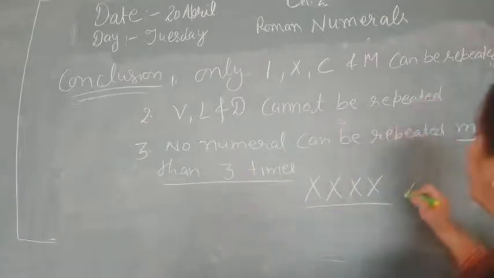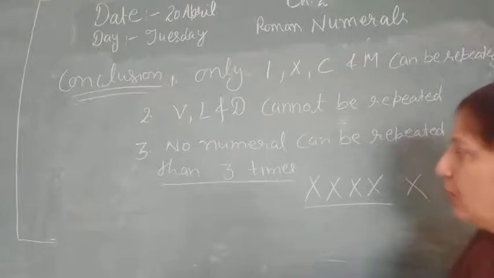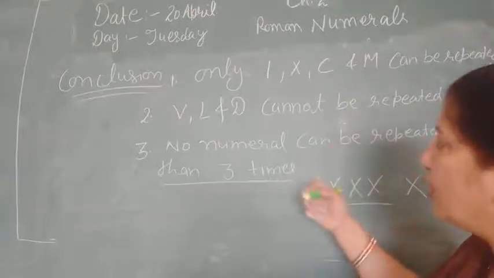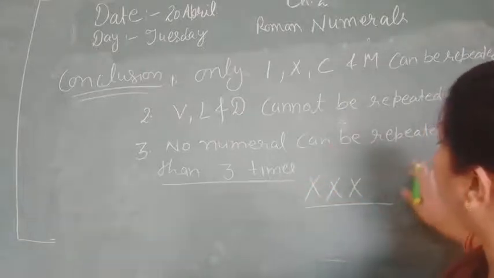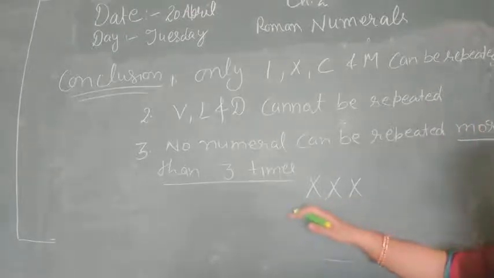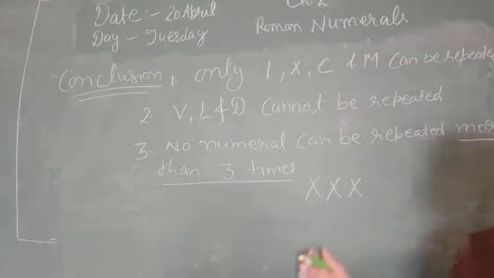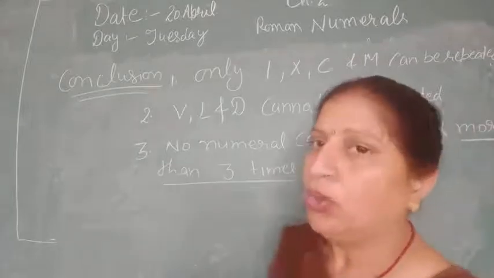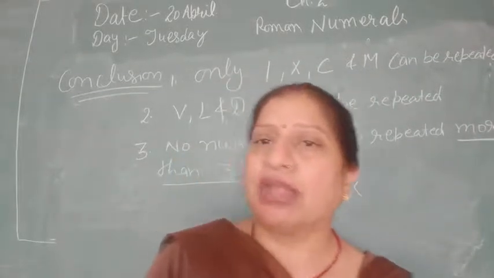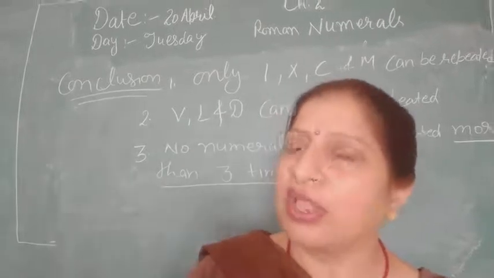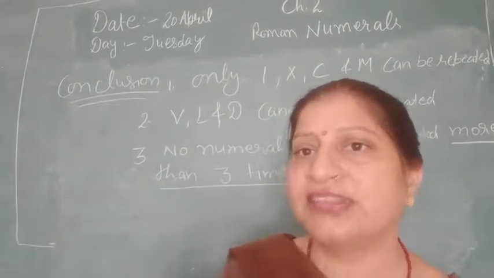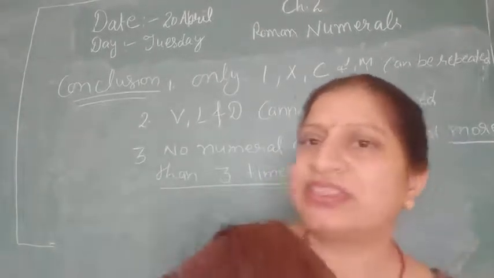So this is not valid. Clear? So we conclude that a number repeated 3 times is the maximum capacity of any number repeated. Now in our next video we do the questions of this exercise related to the rules. Thank you.